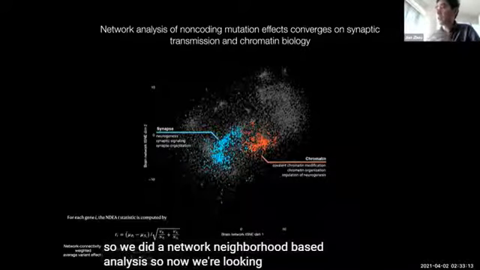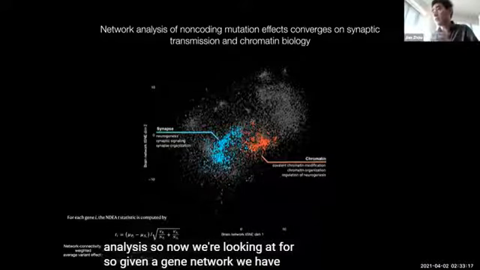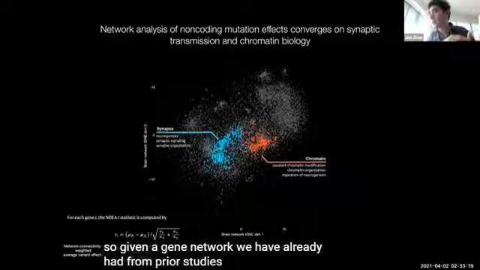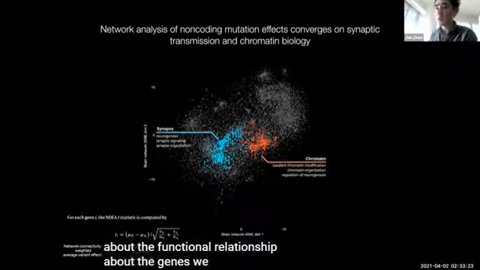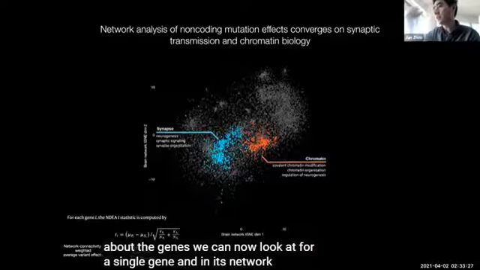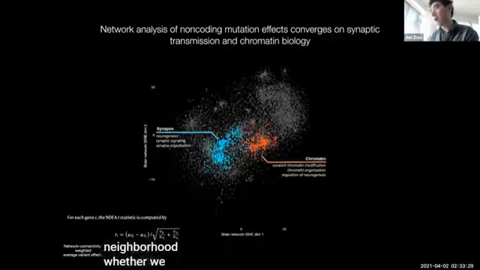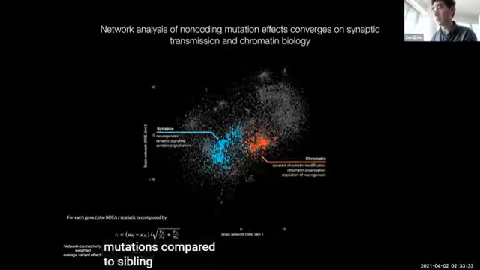Given a gene network we already have from prior studies that tells you about the functional relationship between the genes, we can now look at a single gene and, in its network neighborhood, whether we have stronger effect of proband mutations compared to sibling mutations.